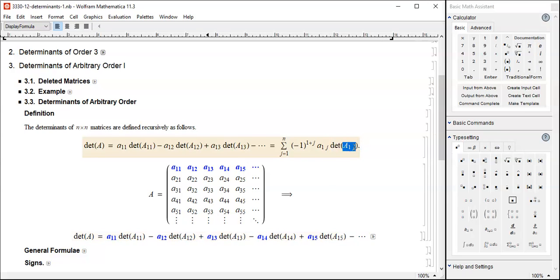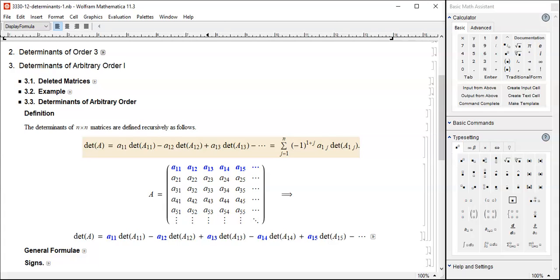First row out and jth column out, where j is going from 1 through n. Now this is a recursive definition because each deleted matrix is an n-1 by n-1 matrix. So we are using determinants of order n-1 to define the determinant of order n.